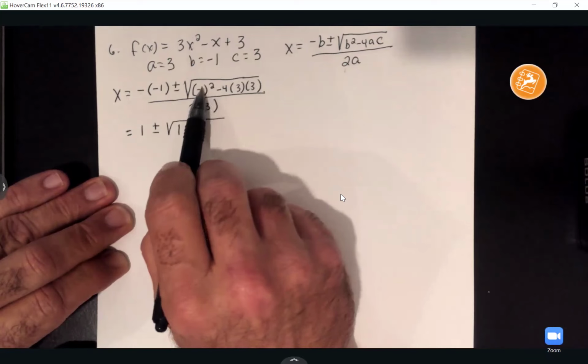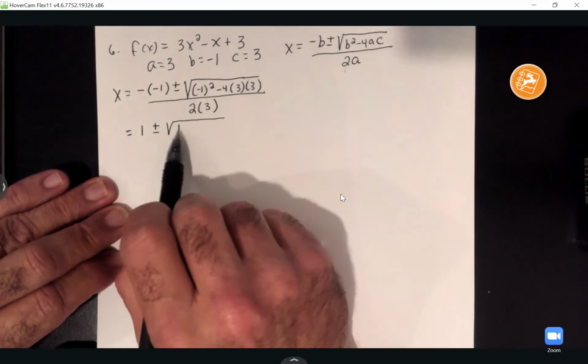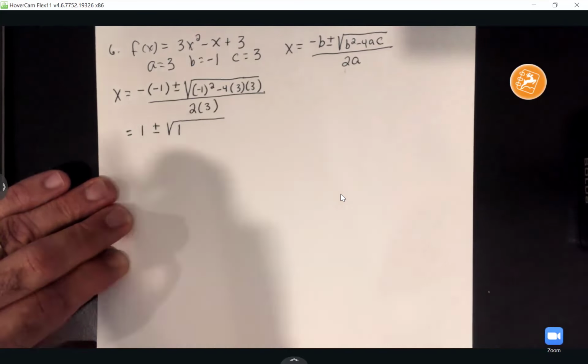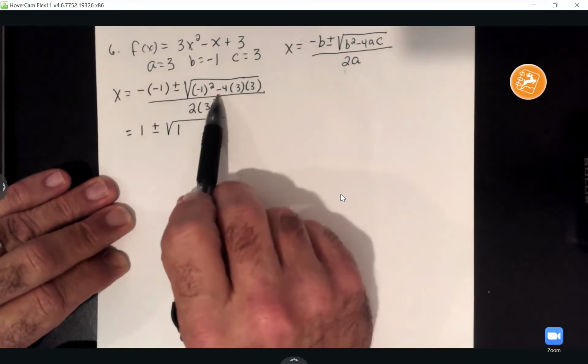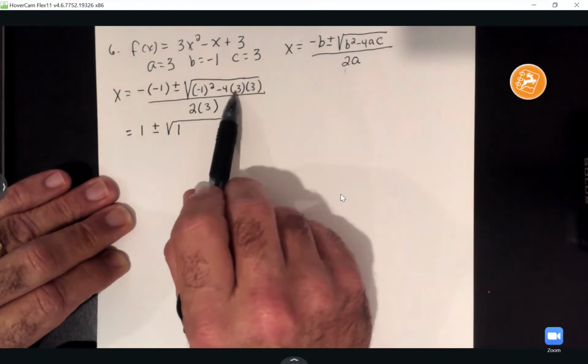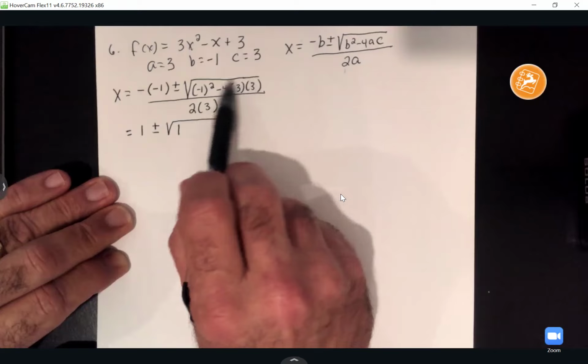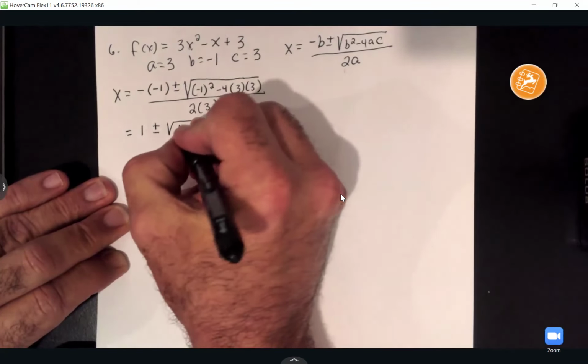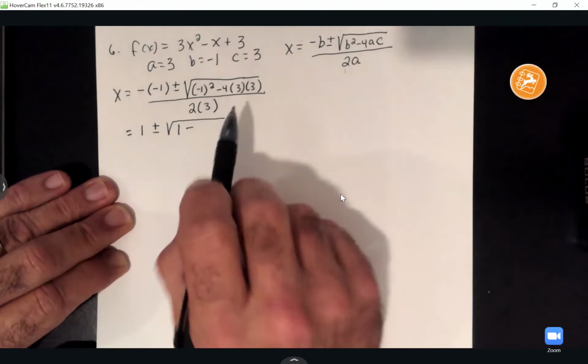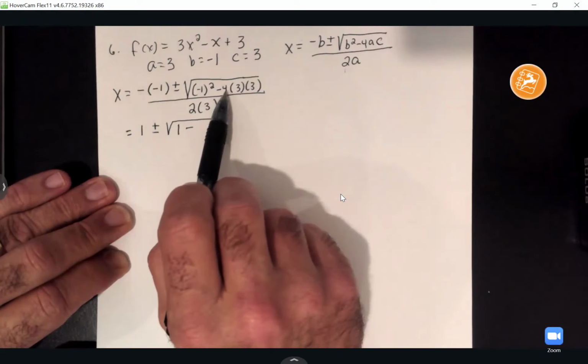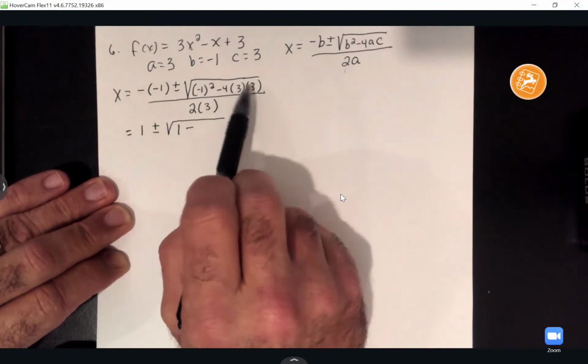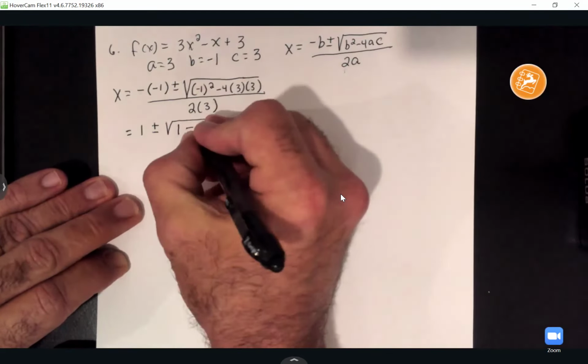And y'all, any number that you square right here will be positive. All right, then we got -4 times 3 times 3. There's only one negative over here, so that side's going to stay negative. And then let's see what we got. 4 times 3 is 12, times 3 is 36.